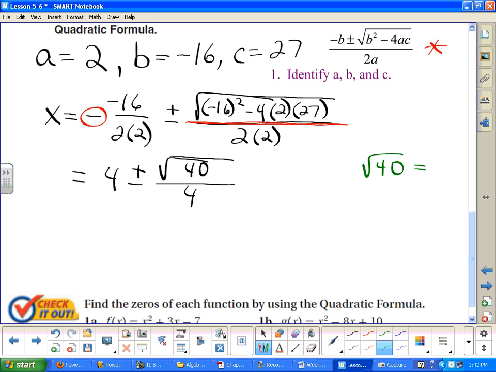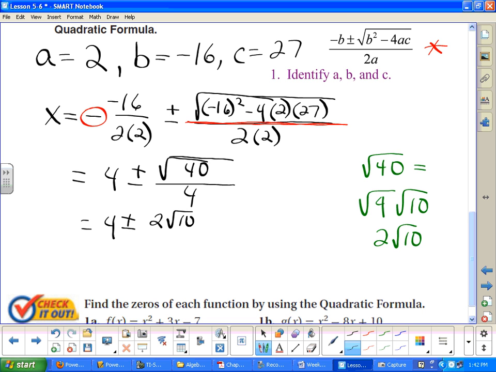So this is the square root of 4 times the square root of 10. Remember, we're finding the largest square. Square root of 4 is 2. So this is 4 plus or minus 2 square roots of 10 over 4.